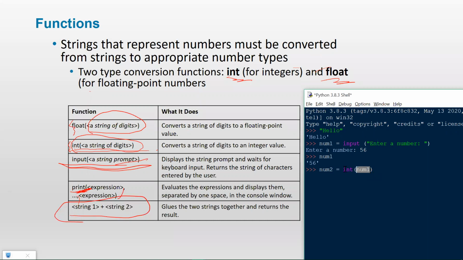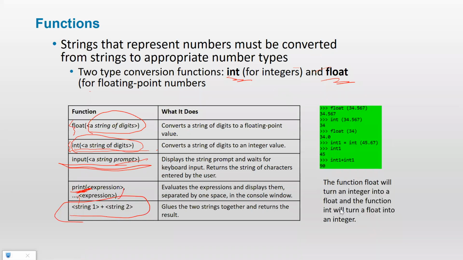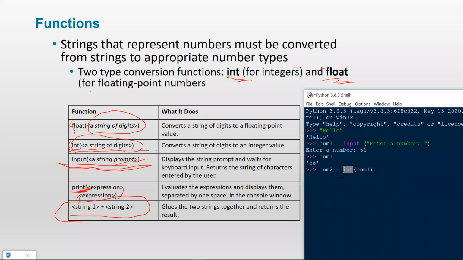I'm using the int function, which we just learned, to convert that string into a number. And now num2 is a number. If I show num2, it is a number.